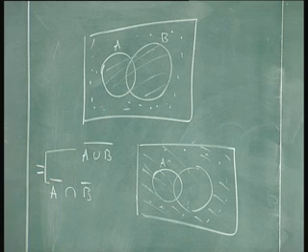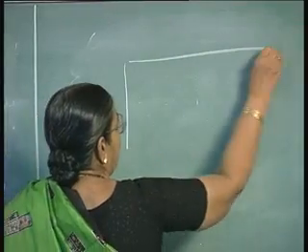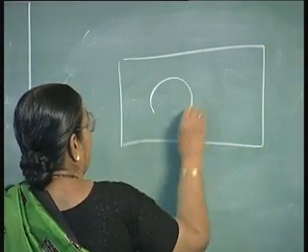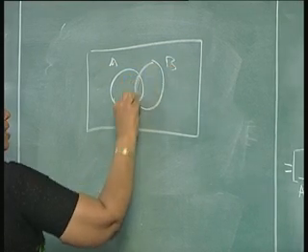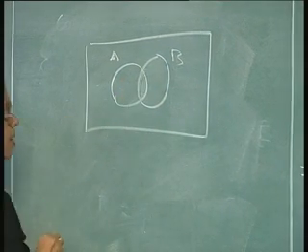And similarly, you can prove the other way around also. You have two sets A, B. What is A intersection B? This is.